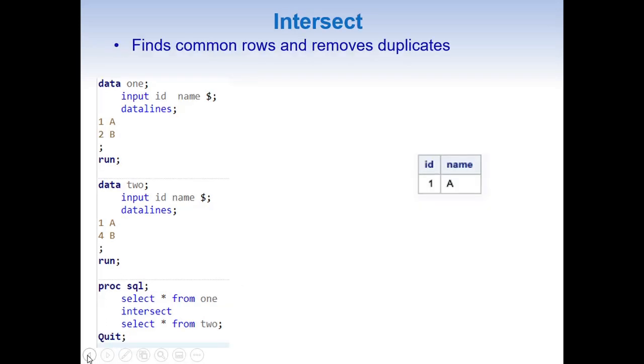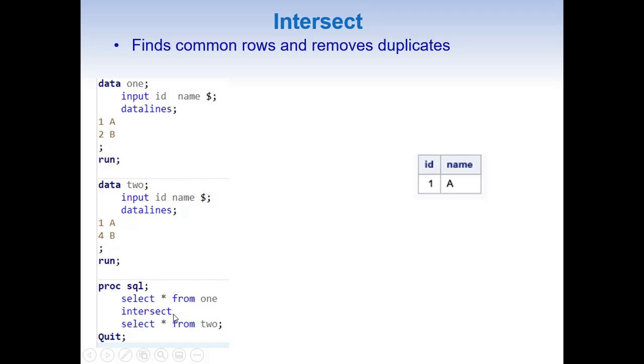Now let us get into intersect. To explain this topic, I am going to take the same example I showed you earlier, where we have two data sets with the same data. Instead of union, I am doing an intersect here.